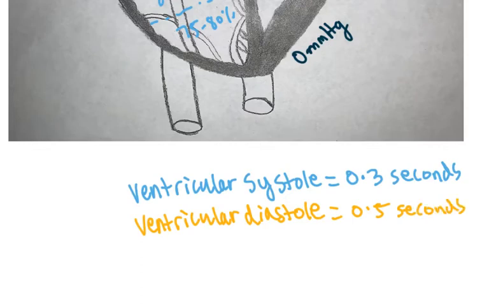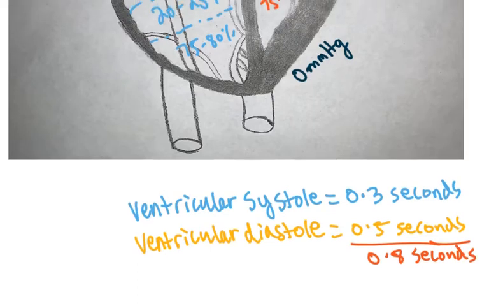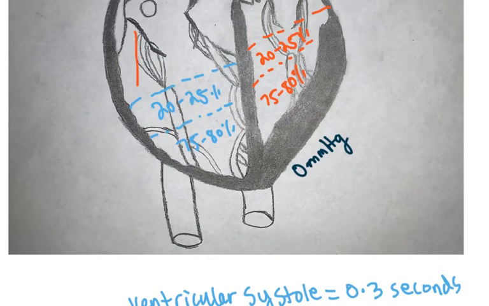So in total, the time it takes for the ventricles to contract and relax is 0.8 seconds. That's just a good thing to know. So we know systole is faster than diastole.